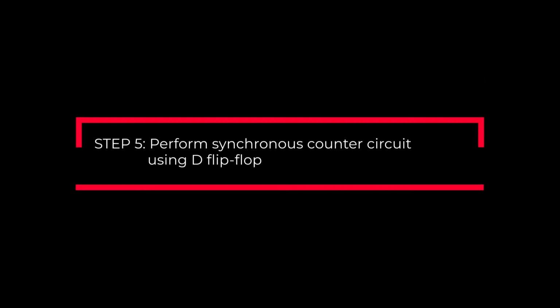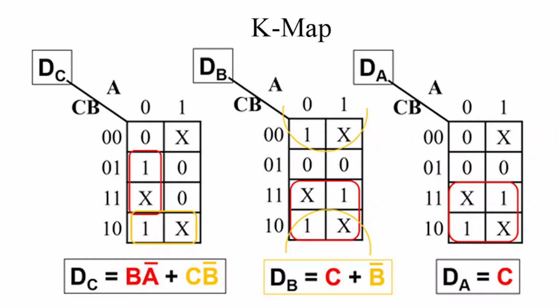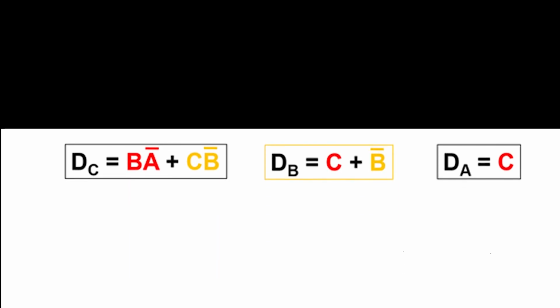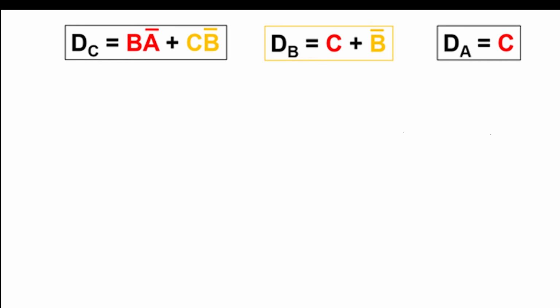Now, we go for the last step, draw the synchronous counter circuit. We know the number of D flip-flops used in this design is 3 bits or 3 flip-flops as stated in step 1. So, we can draw the basic circuit with 3 D flip-flops with positive edge trigger.